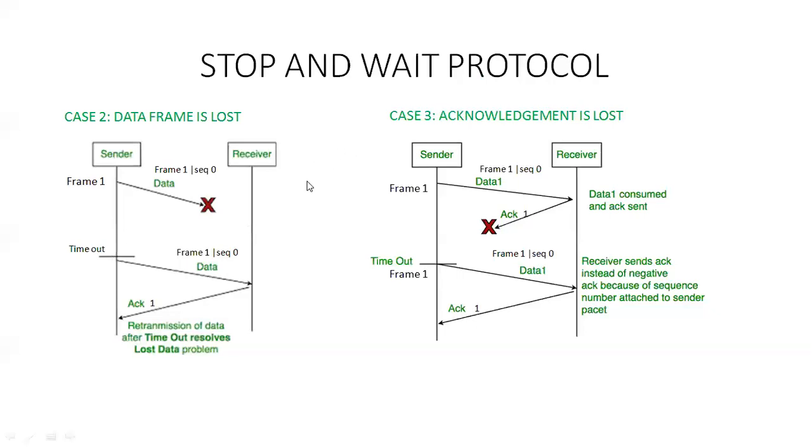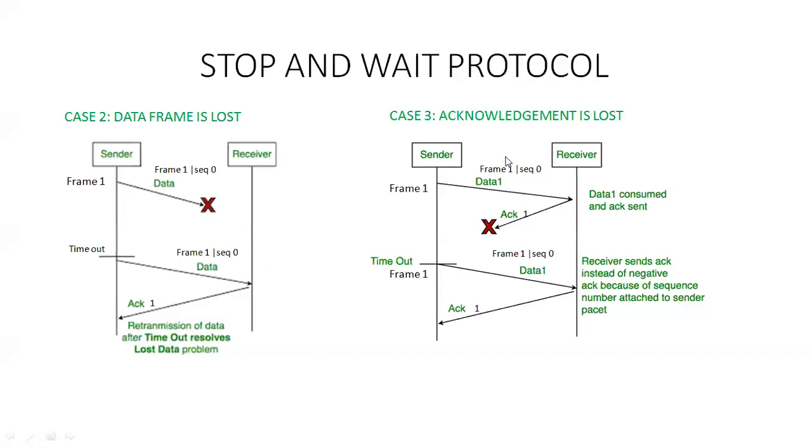Once it has timed out, the sender understands that the data has never been received by the receiver and that it has to resend the same frame. So it sends the same frame again, and if it reaches the receiver, the receiver will send the acknowledgement.